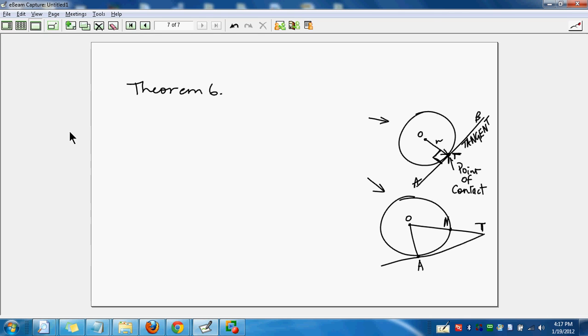Given that OTA is equal to 24 degrees, calculate, they want us to find, first angle OAN, and then the second angle, angle ONA. Okay, so those are the two angles.